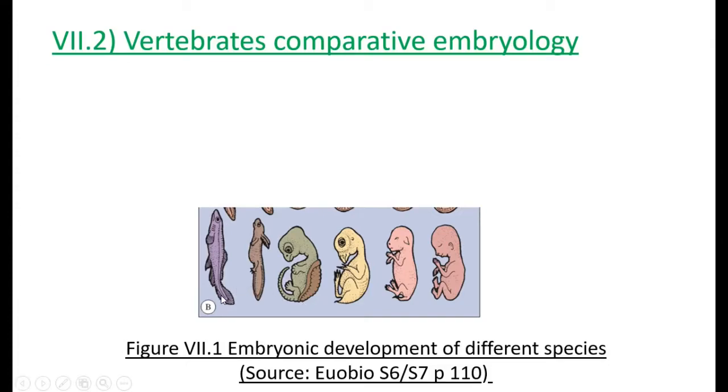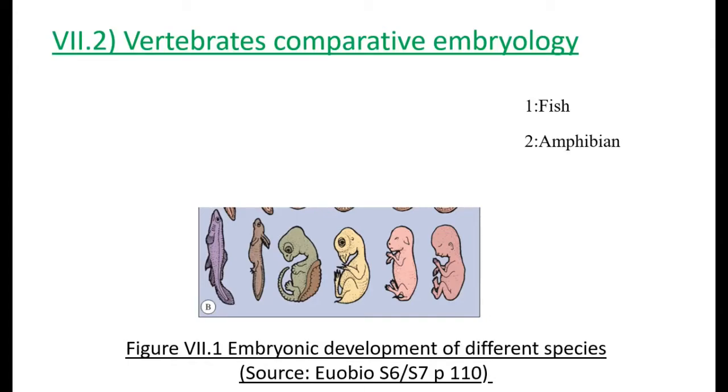If you look at this third big part of the embryonic development of different species, you can start to identify specific characteristics, and you could almost guess which species it is. Number one, we have a fish. Number two, you might recognize something which looks a bit like a salamander.